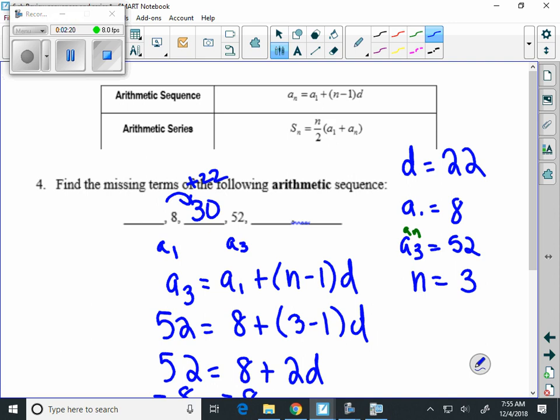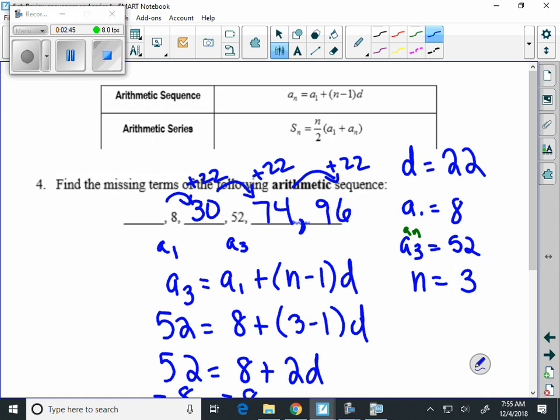Does 30 plus 22 equal 52? Yes. 52 plus 22 is 74. And then 74 plus 22 is 96.